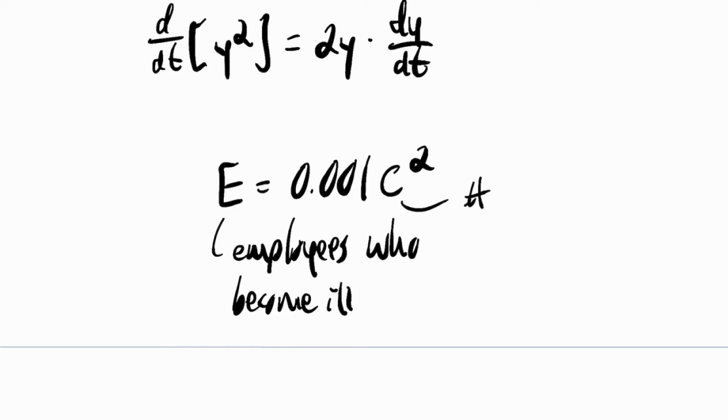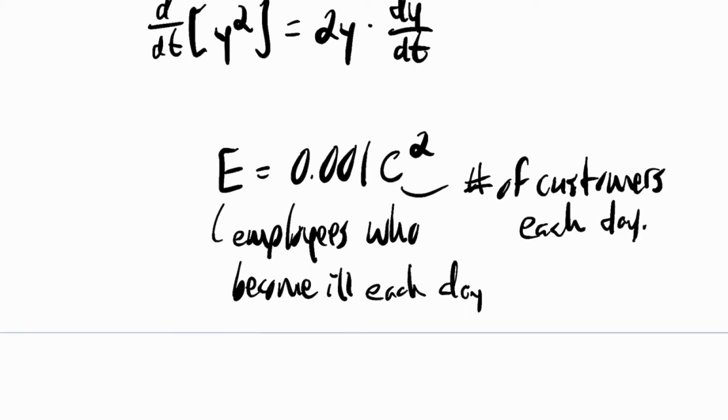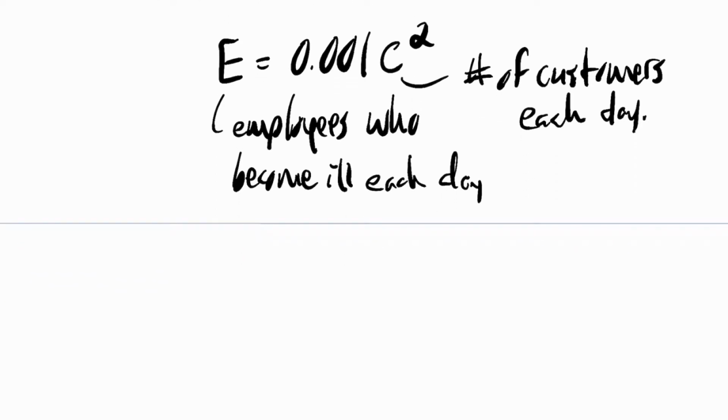So number of customers each day, right? And let's say become ill each day. This is per day, right? Well, what I can say is, what would happen if fewer people go to HEB? Let's say on a day-to-day basis, fewer of them are going.